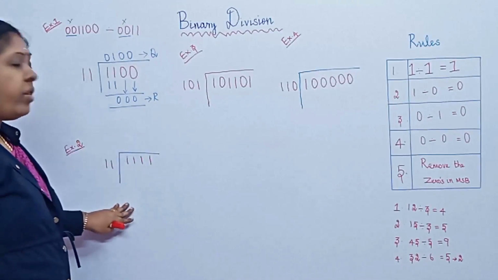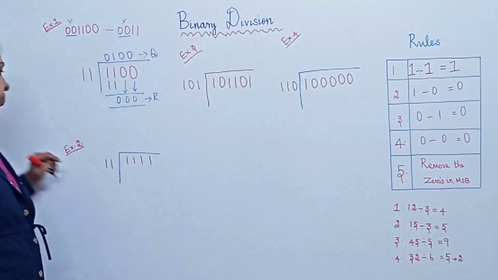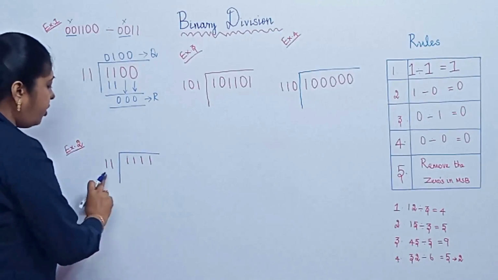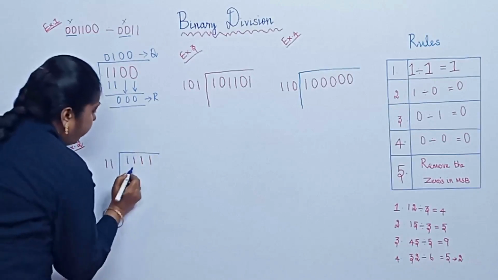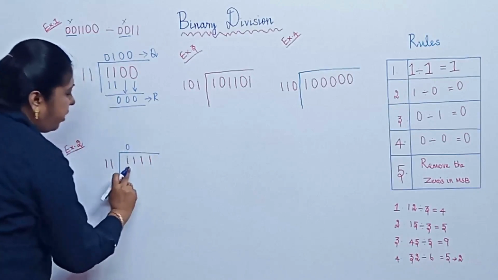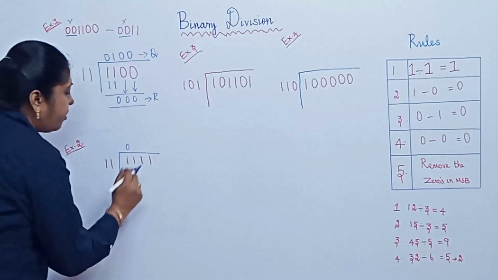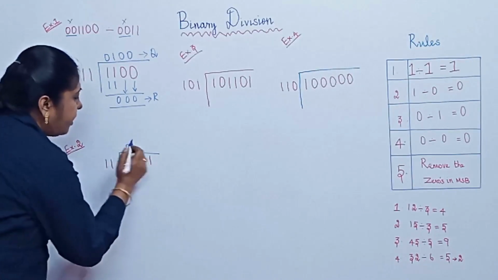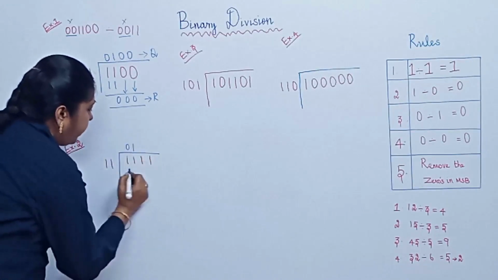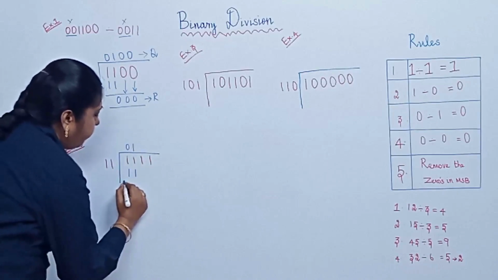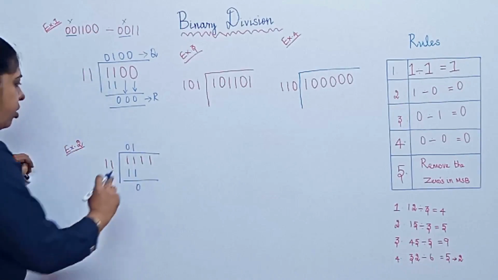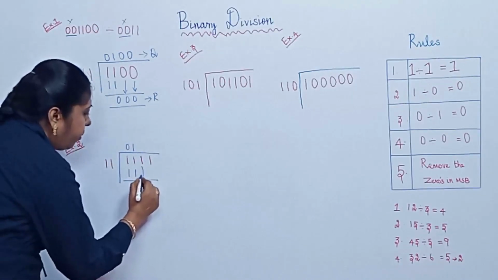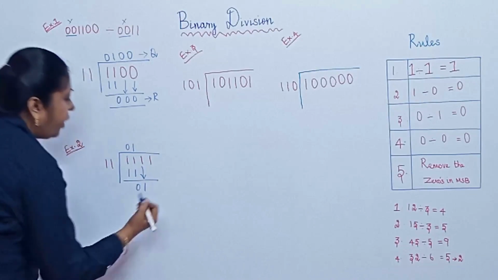Okay, now moving on to example 2. 1111 divided by 11. The first digit 1 cannot be divided. The second digit 1, so we place 0, and then the next 1. 1 into 11 is 1. We get a remainder 0. Next digit we bring down 1.